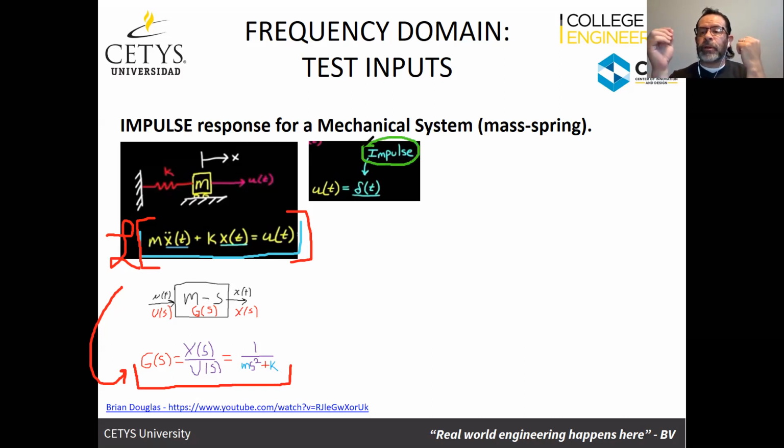Now, what would be an impulse? Imagine that this pink line here that represents the force is a piece of string. Basically what we're doing is that we yanked the string. We yanked it and we let it go. That's what the impulse would represent. We yank the string, and that's the force I'm applying.